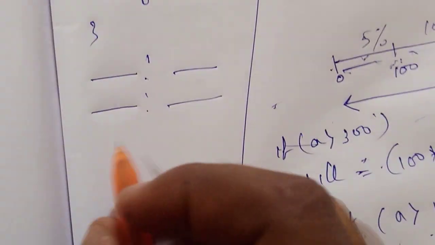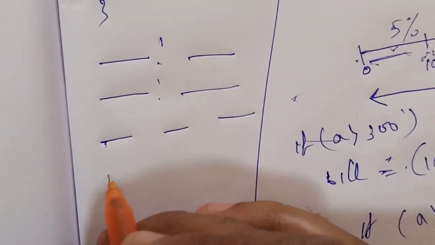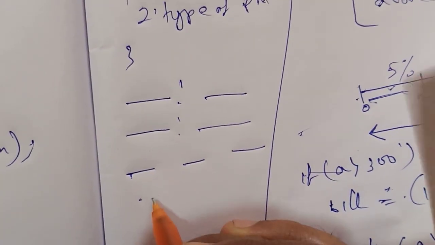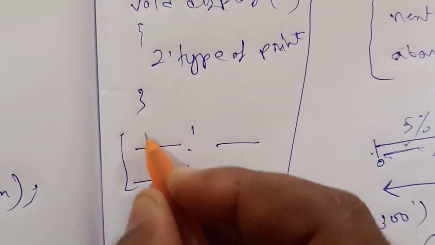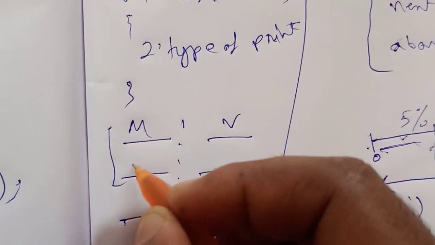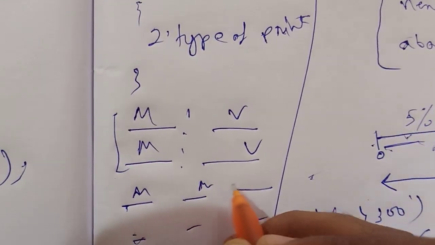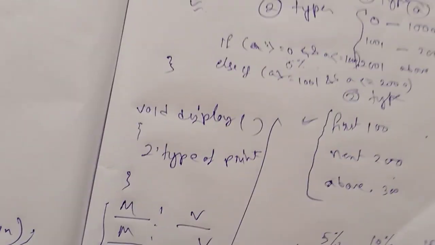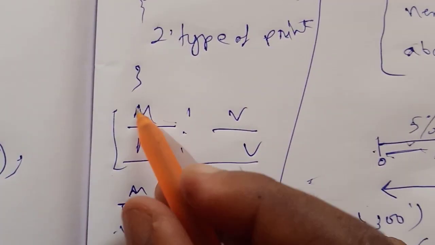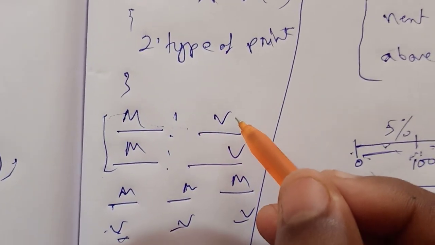Or you can do this: suppose a heading, suppose 3 columns heading, and under this heading you put your value. So for the message and value type, it is very easy: you write System.out.println with your message and your value.